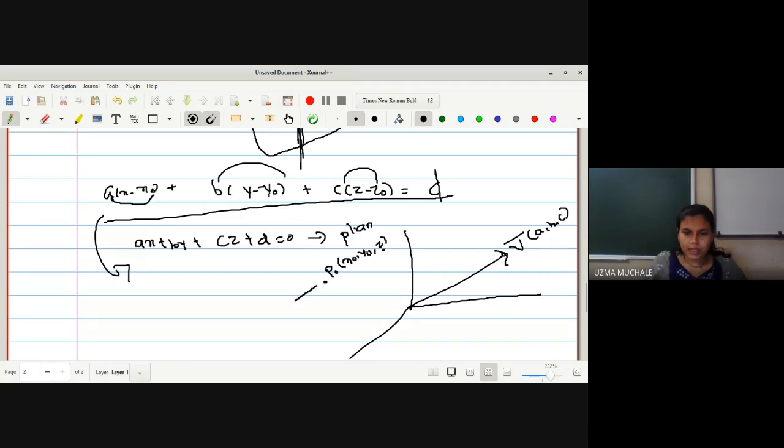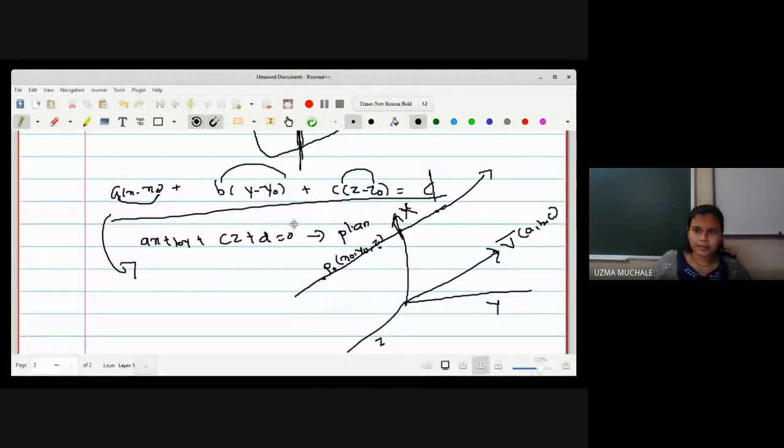So what will be the line? This is a line passing through x naught, y naught and z naught and is parallel to V. This is what x, y and z. It is a line passing through x naught, y naught, z naught, and it is parallel to a, b, c, right? Yes, everyone agree with me?